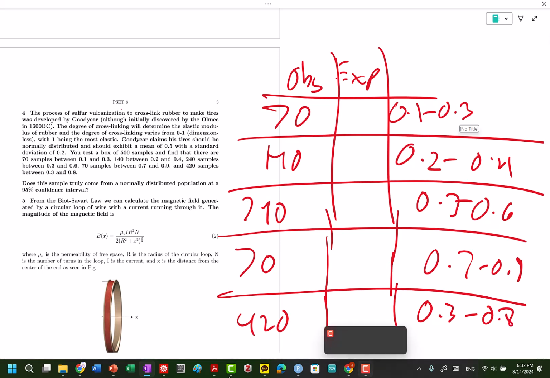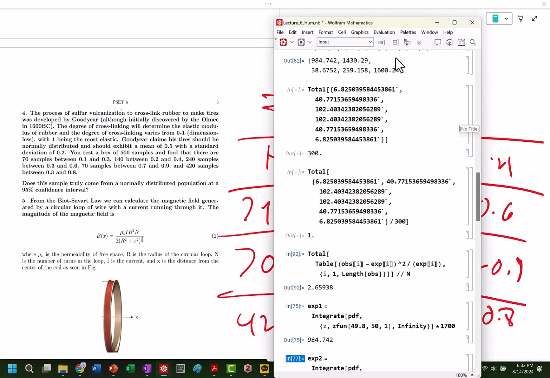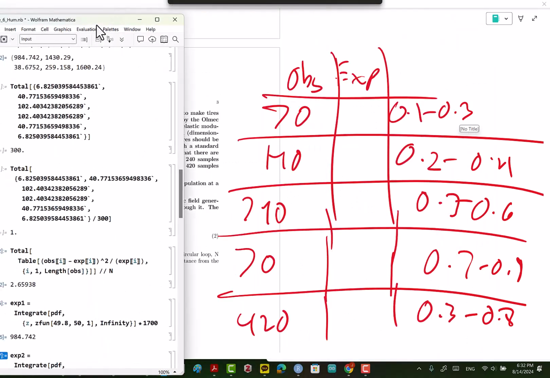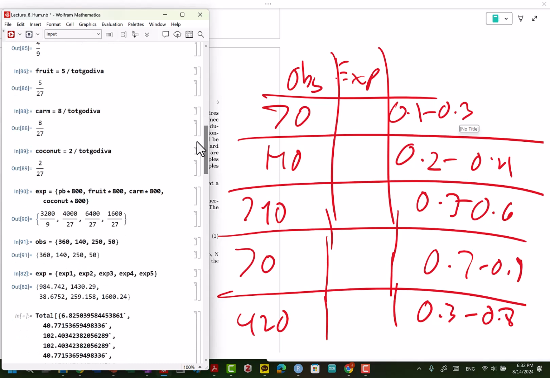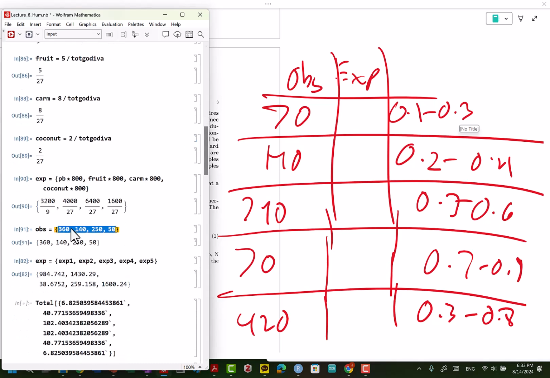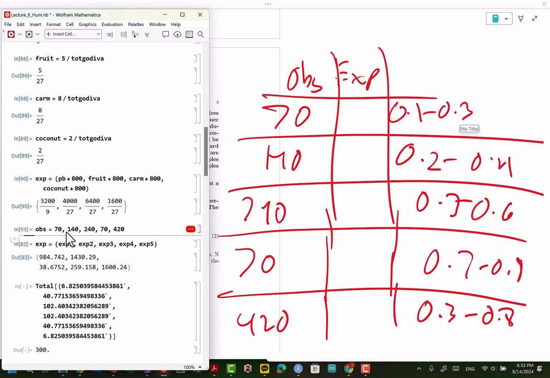So let's go ahead and put those down again. My observed now is going to be, again, 70, 140, 240, I think 70, and 420. Let me make sure that is indeed true.